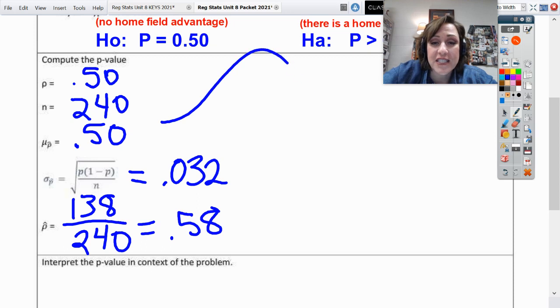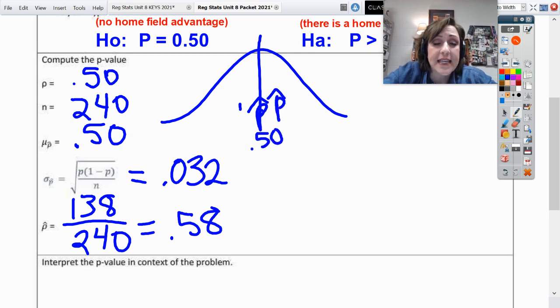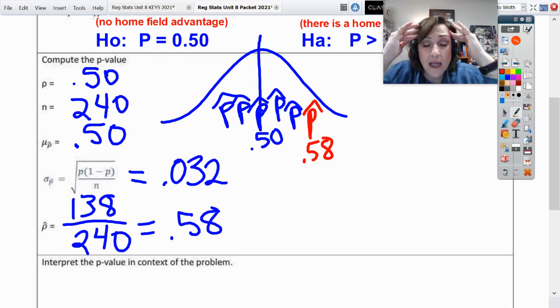Okay, so here's something that my students wonder, and this is a good discussion. My students say, hey, of course there's a home field advantage, because look, I got a sample that was 0.58. So yes, it is more than 50%. But here's the thing.